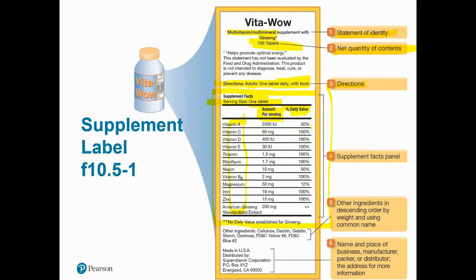And then the percent daily value. So this is where you can see the amount in this supplement relative to the recommended dietary intake or adequate intake for that micronutrient. This is interesting, I guess, with the exception of magnesium, niacin, and vitamin A, this supplement is giving you 100% of your daily requirement for all these other micronutrients.